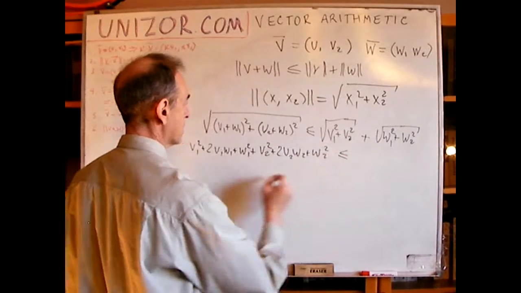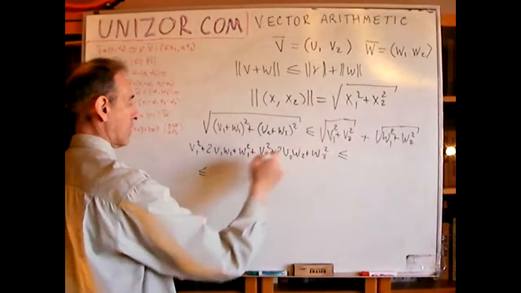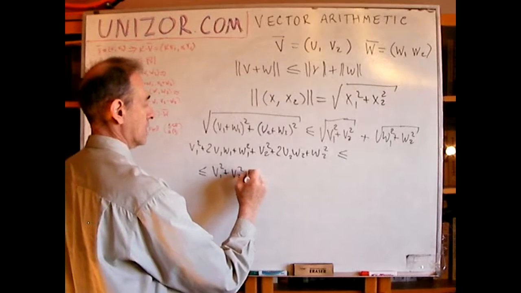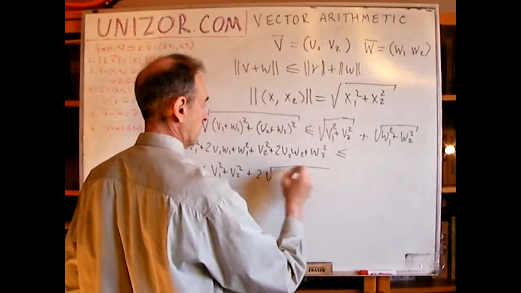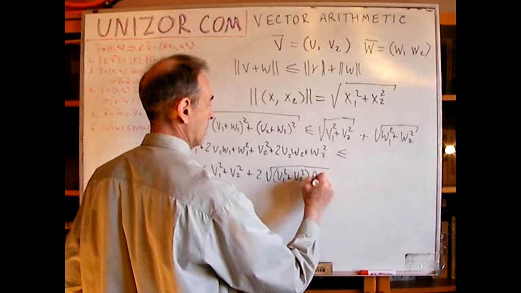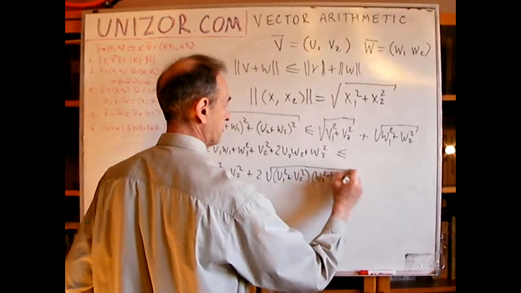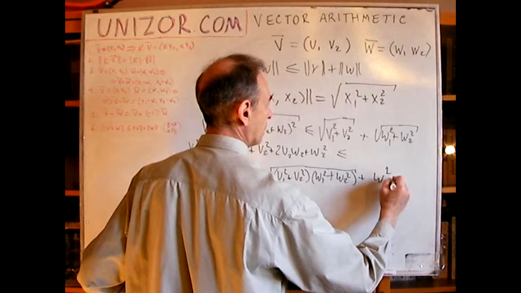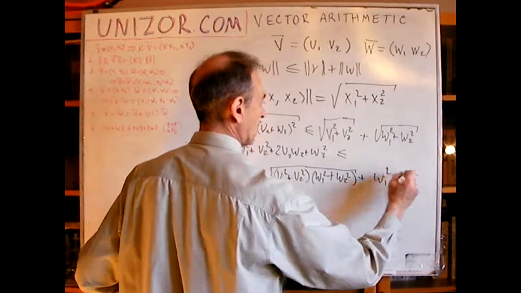And we have to prove that this is less than or equal to the square of this, which is the square of the first one, plus 2 square root of their product, v1 squared plus v2 squared times w1 squared plus w2 squared, plus the square of the second component. That's what you have to prove.